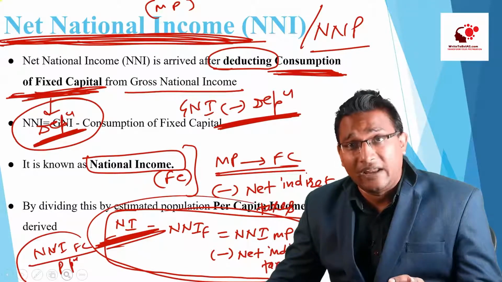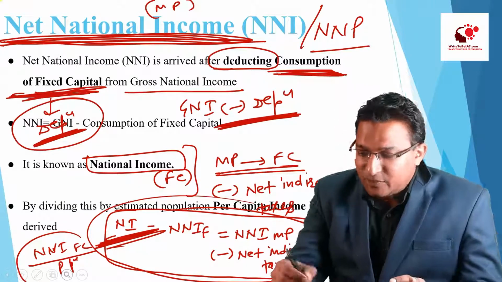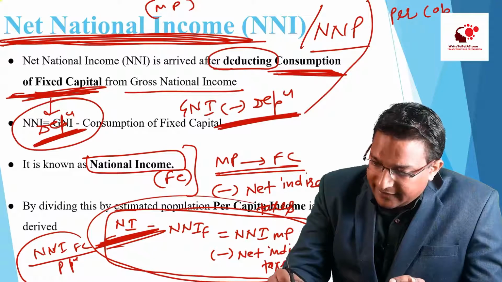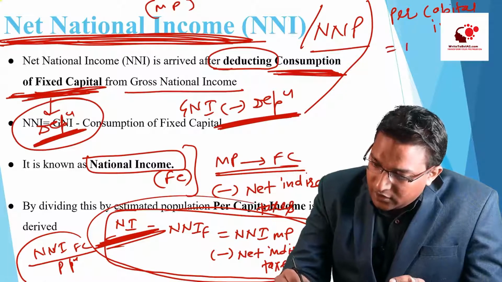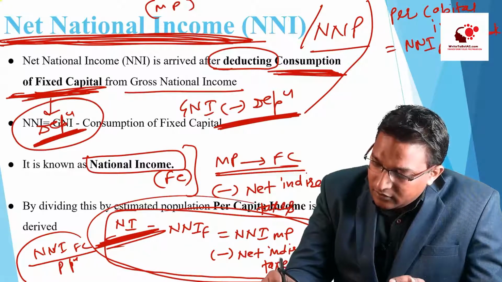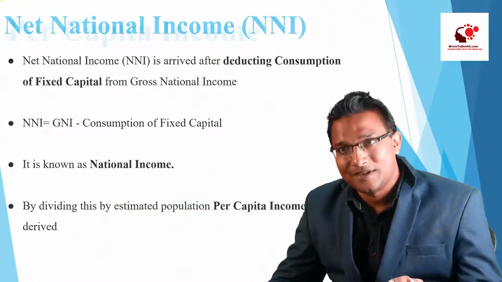We get per capita income, or per citizen income, right? So what is per capita income? Per capita income is equal to NNI at factor cost divided by the estimated population. Very simple.